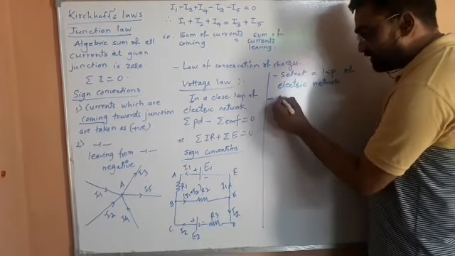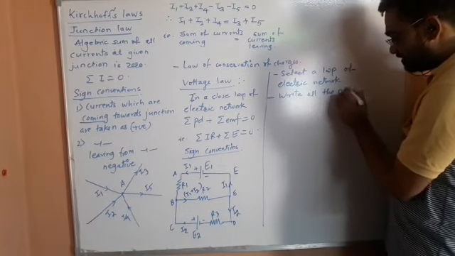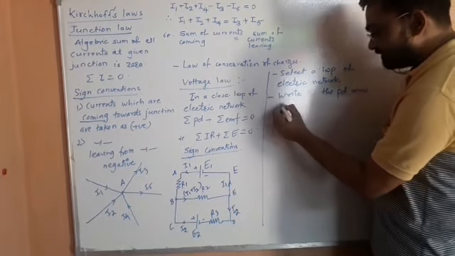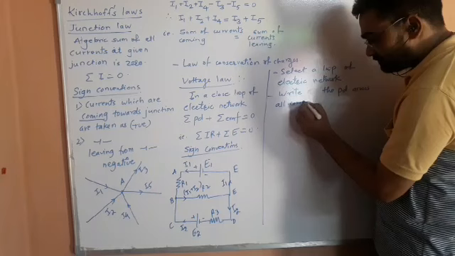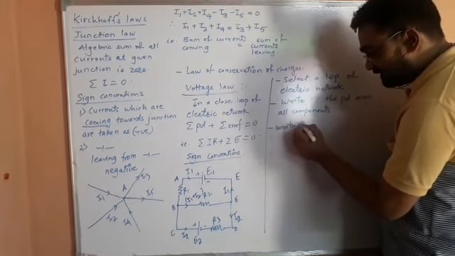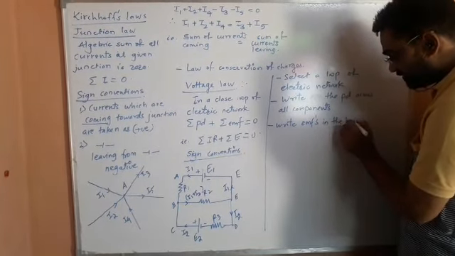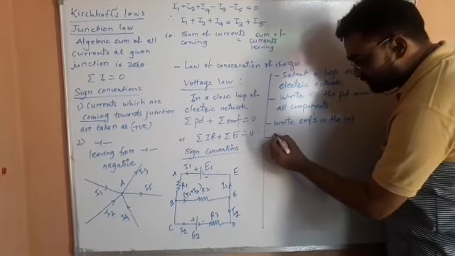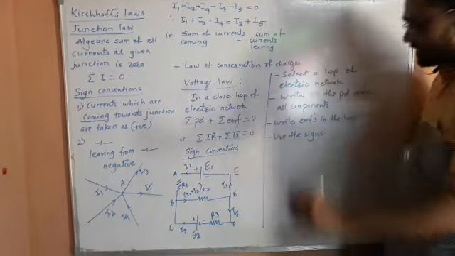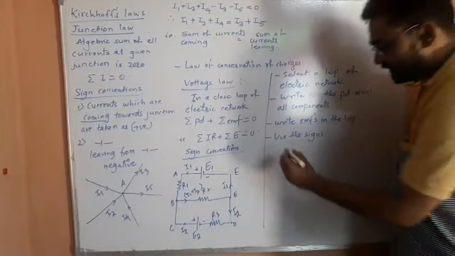Second step, write the potential difference across all components. Then write the EMFs in the loop, and then use the signs. Now using these 4 steps you can go through the voltage law.